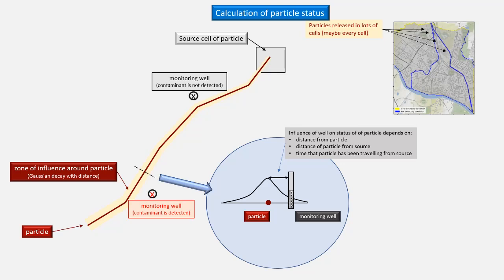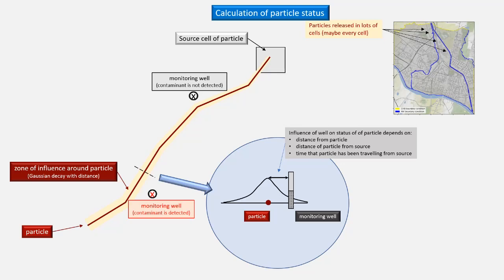So of the thousands of particles that we release within this model domain, each particle has a detect status, a non-detect status, and an inconsistency status. We add to our observation data set the things which PEST uses to back calculate hydraulic properties.